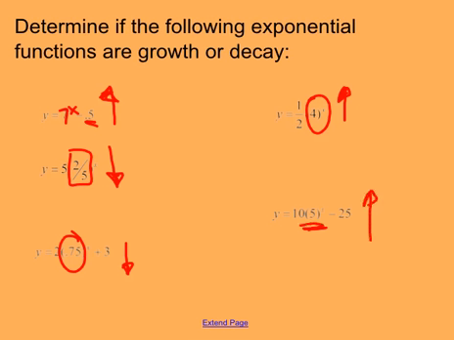It increases so fast that subtracting 25 does nothing. It just starts lower, and then it's going to build to the exponential function. So the coefficients and the adding and subtraction don't do as much as the actual power of x. So that's how you determine if it's a growth or decay.